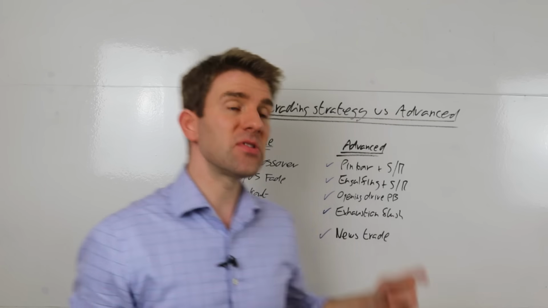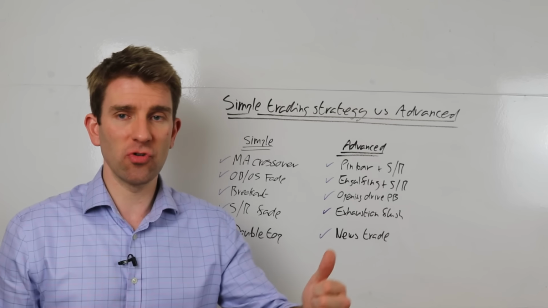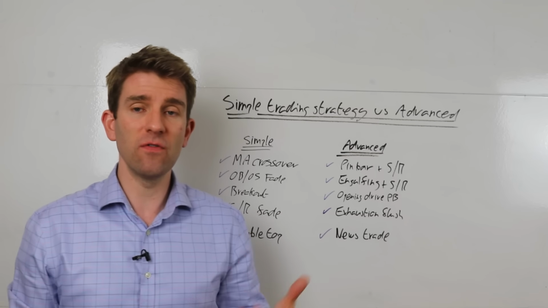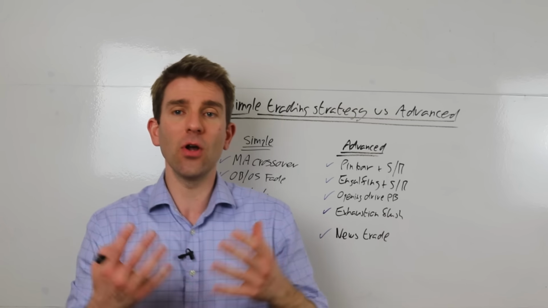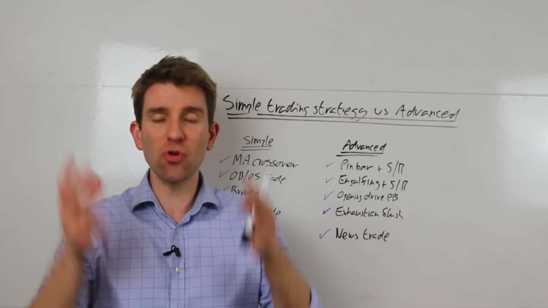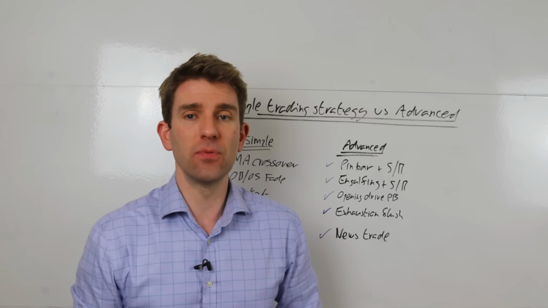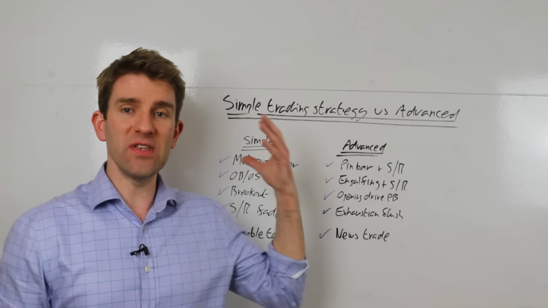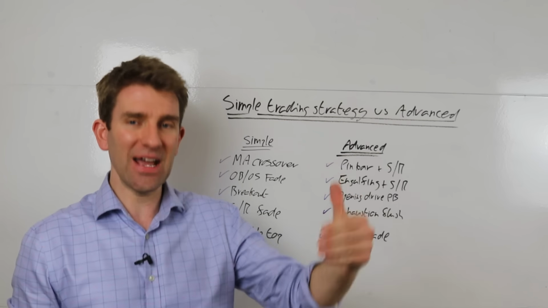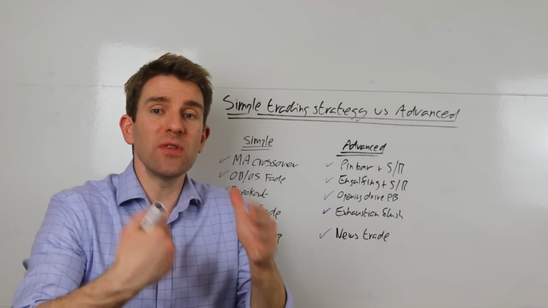However, if we look at the simple column, stuff like a moving average crossover, whether that's a fast crossing over a slow or price crossing over, is very simple, and on its own, if you're just trading every single crossover over a long period of time, unlikely for it to be profitable. For it to be profitable, these simple strategies generally have to have another extra thing on them to use them in the right conditions.